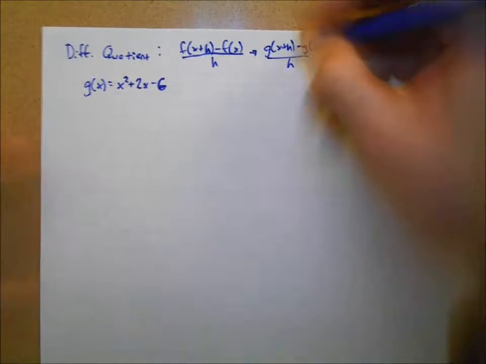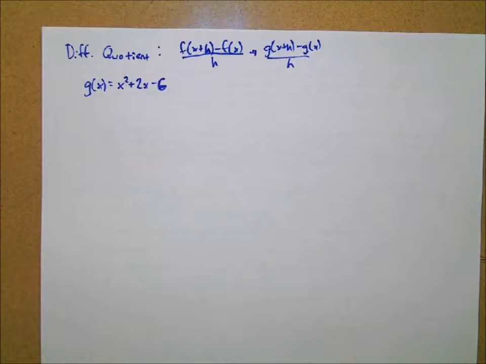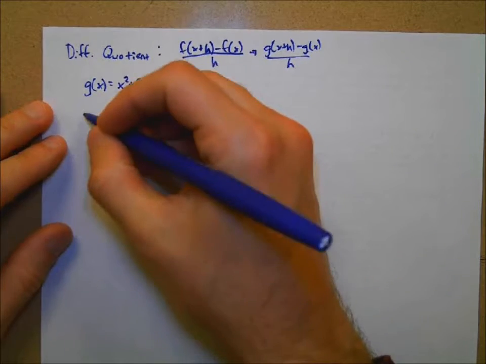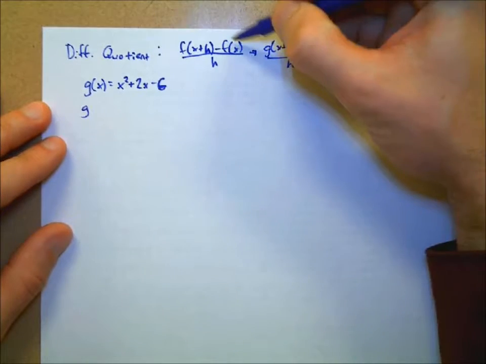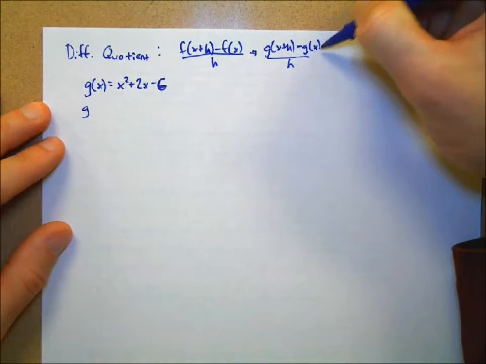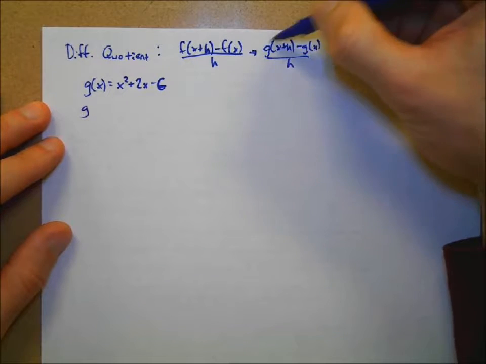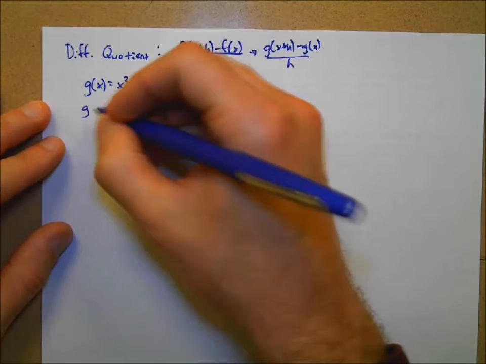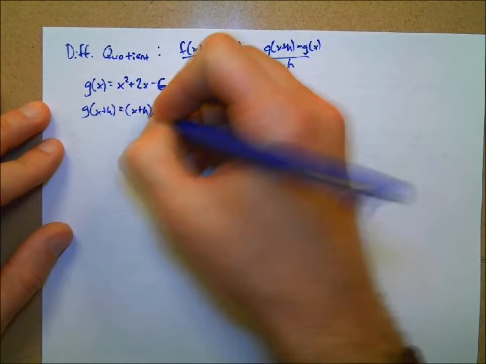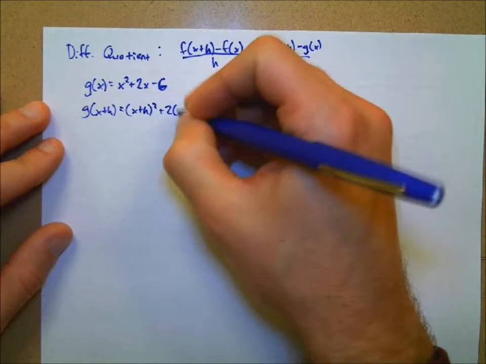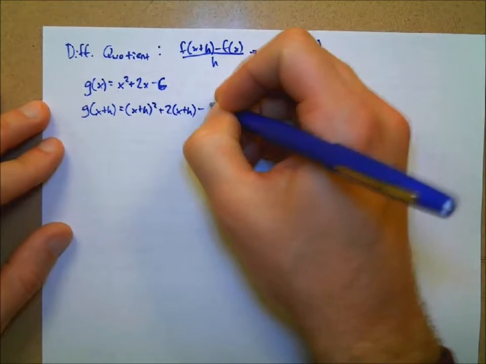It's the same idea, same principle. We're just going to apply this to the function. It just gets a little more complex, but I'll show you here. I know what g of x is, so I know this piece of the difference quotient, but I need to figure out the g of x plus h piece. So we'll do x plus h squared plus 2 parentheses x plus h minus 6.